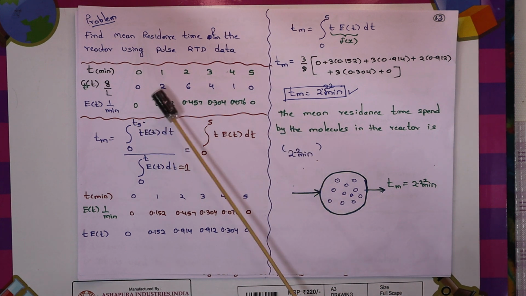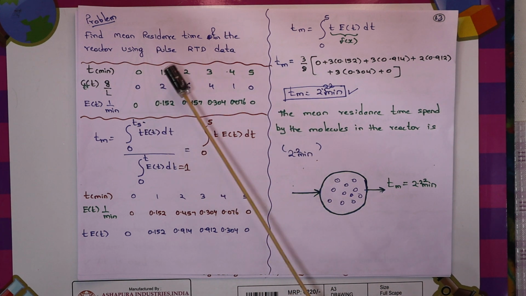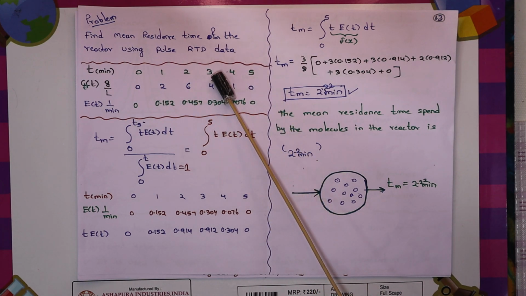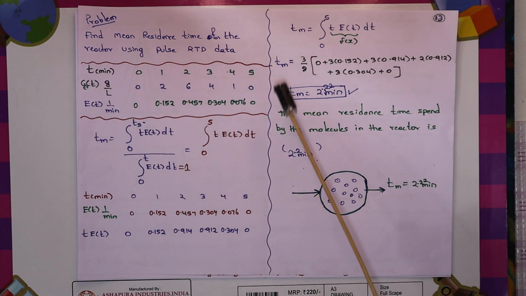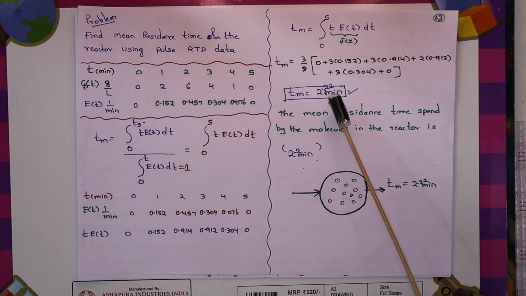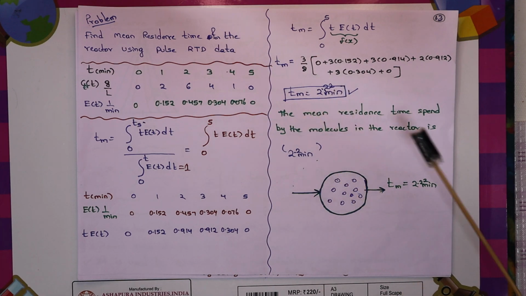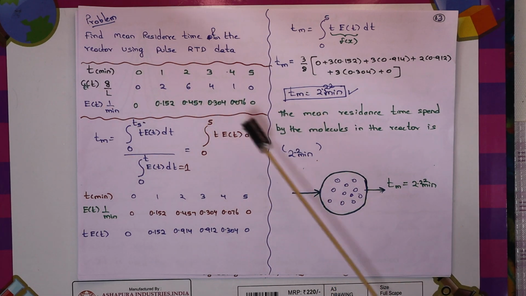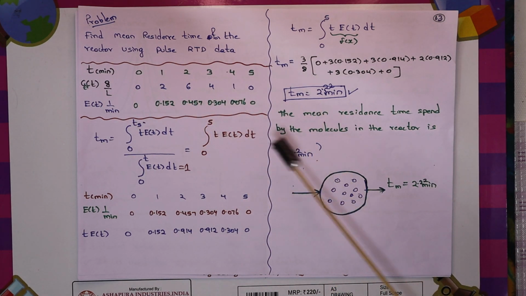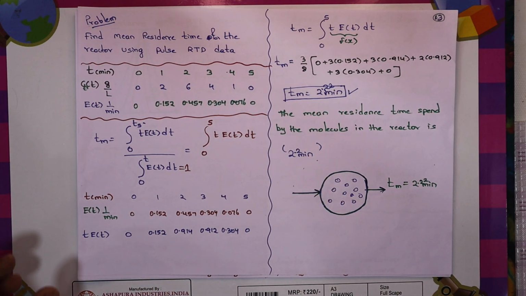That means a few molecules exit at time t equal to 1, a few molecules exit at time t equal to 3, a few molecules exit at time t equal to 5. So on average, all the molecules exit at the mean residence time of 2.22 minutes. This is how the mean residence time can be evaluated given the t, C of t, E of t and t into E of t information.